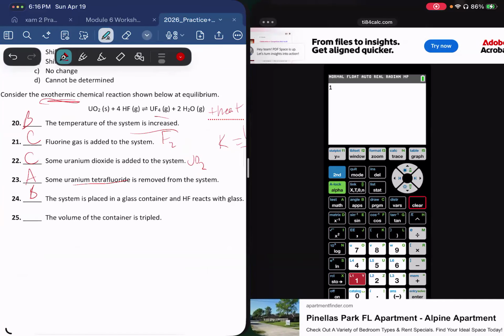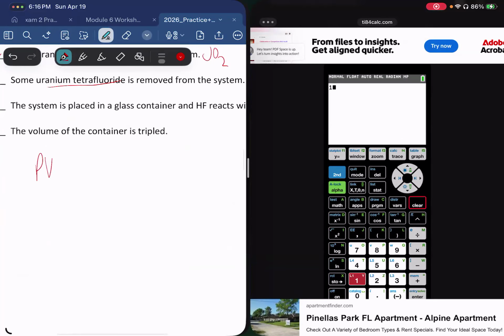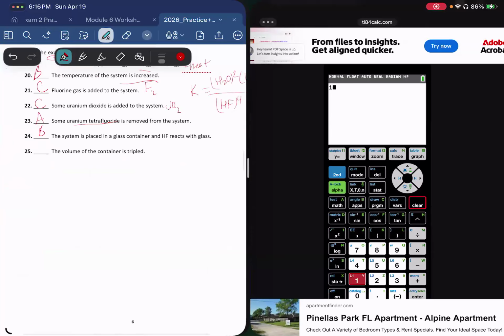The volume of the container is tripled. This is important, and it's based off the gas laws. As volume increases, pressure decreases, so pressure and volume have an inverse effect. If volume is increasing, you can think of it as pressure decreasing.